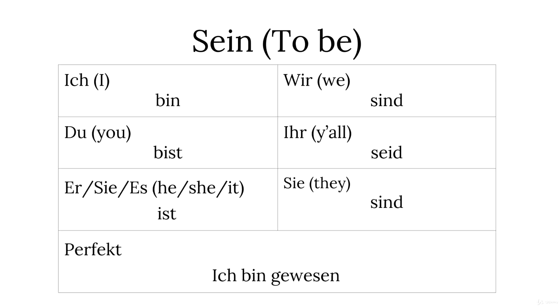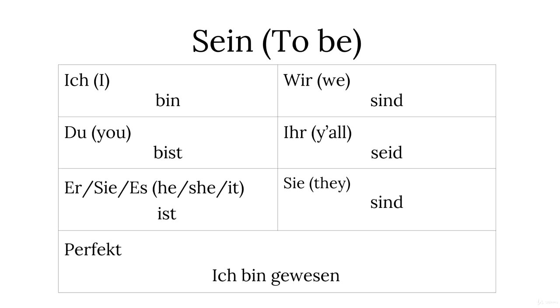This is how we are going to learn Vergangenheit. First, we are going to go through the present forms, and at the end, as you can see, there would be an example of how to use it in the present perfect. Sein, as you know, is the verb to be.